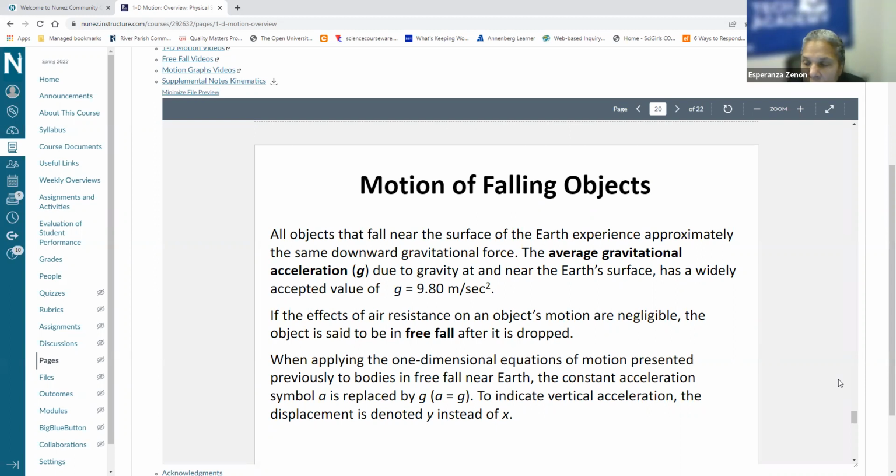If you're on planet Earth and the object is free falling, meaning what? Vertical motion under the control of gravity only, no air resistance, the acceleration the object feels is 9.8 meters per second squared. Okay.